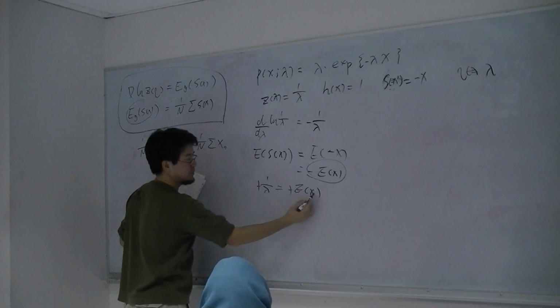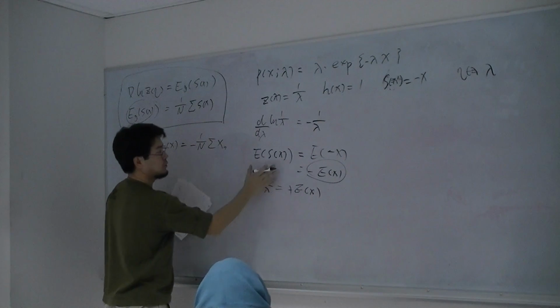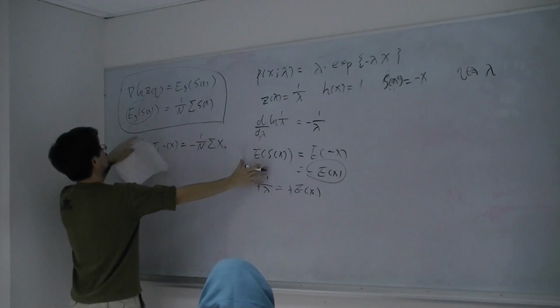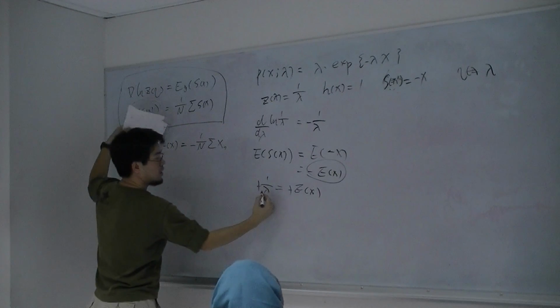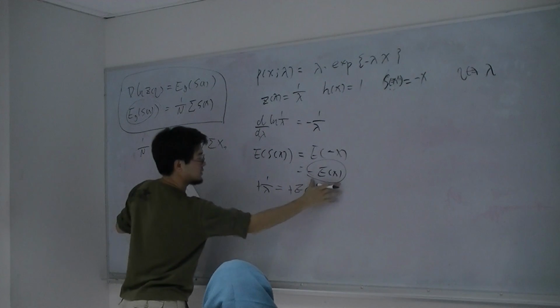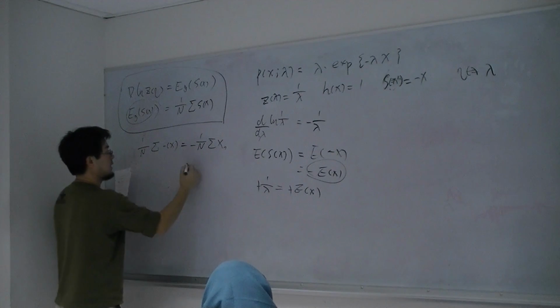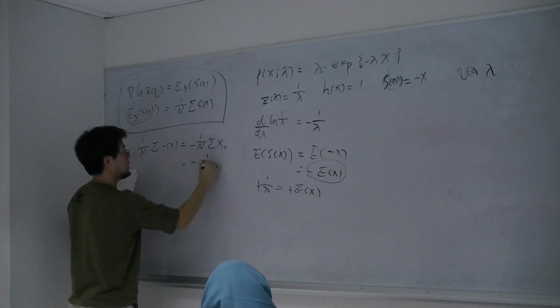Now we have the expectation of x is equal to 1 over lambda, so this term is equal to minus 1 over lambda.